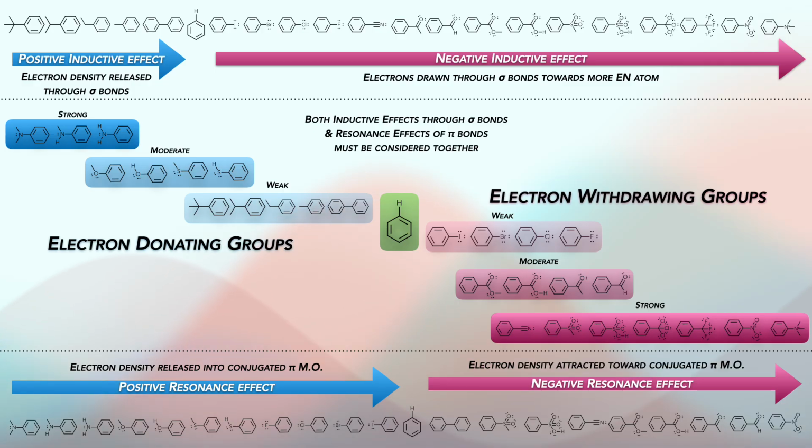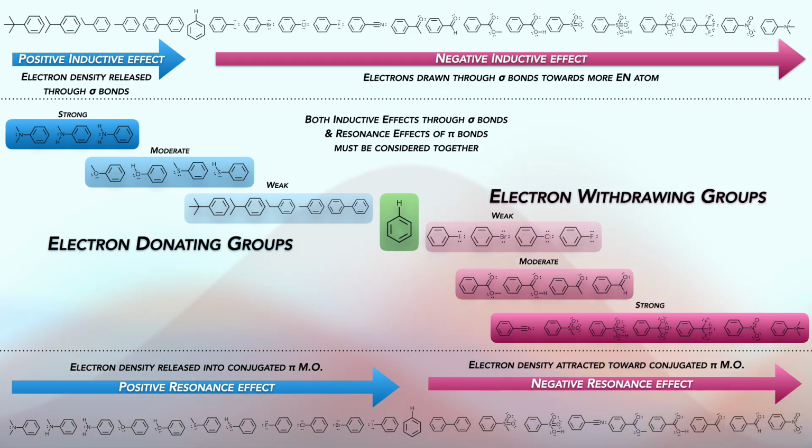Electron donating groups raise the energy of the pi highest occupied molecular orbital and increase electron density in the conjugated system. This makes the molecule a better electron donor.